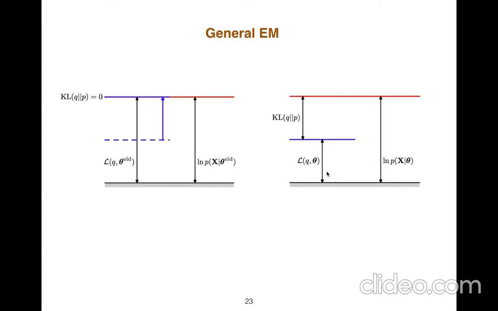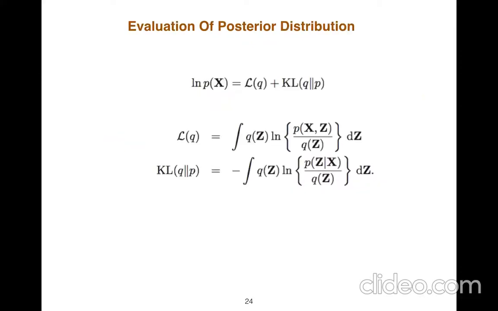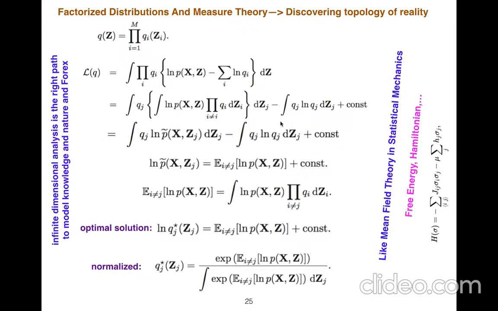And so maximizing L is like minimizing KL divergence. KL divergence is how different those two distributions are. And then you just use a multiplication of those distributions, and this is the solution.